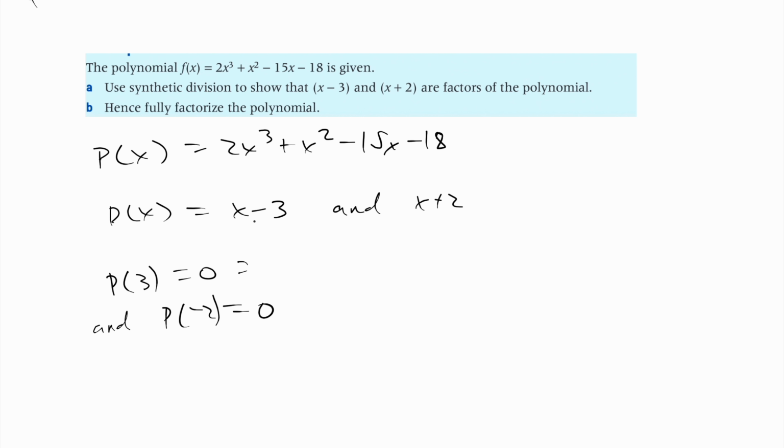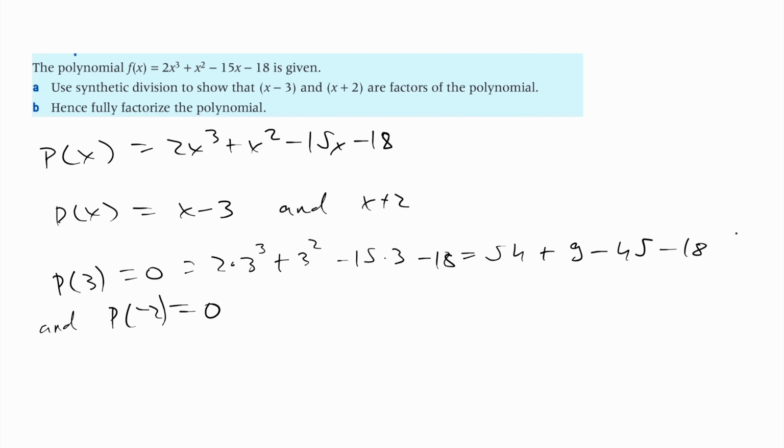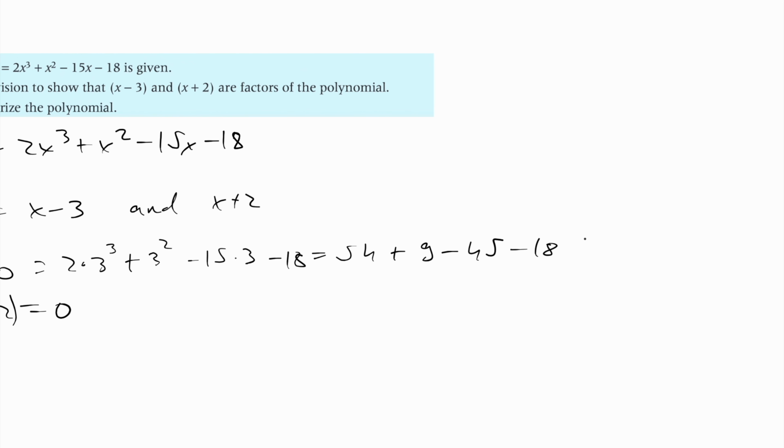So P of 3 is 2 times 3 cubed plus 3 squared minus 15 times 3 minus 18. And this is equal to 2 times 27, which is 54, plus 9 minus 45 minus 18. And yes, this is really equal to 0, okay?